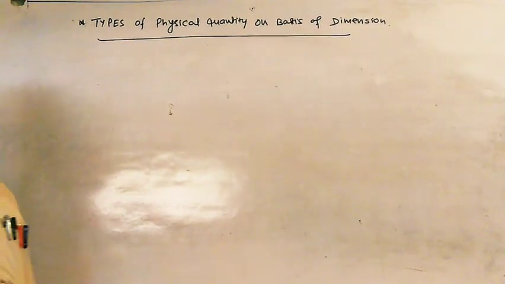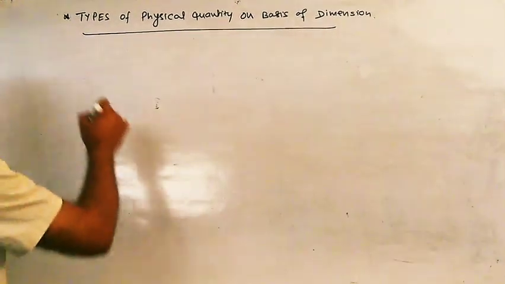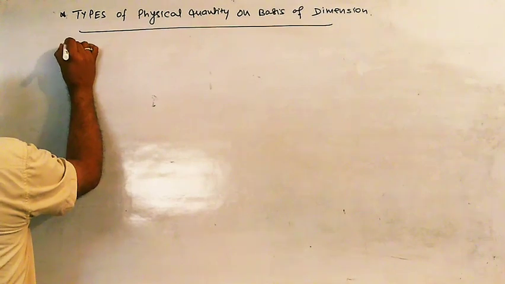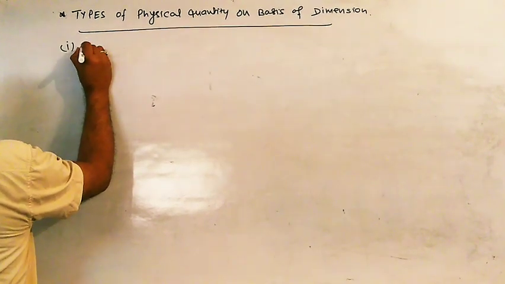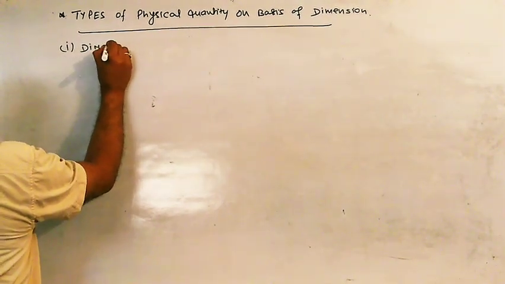There are four types of physical quantity on the basis of dimension. Number one, dimensional variable.